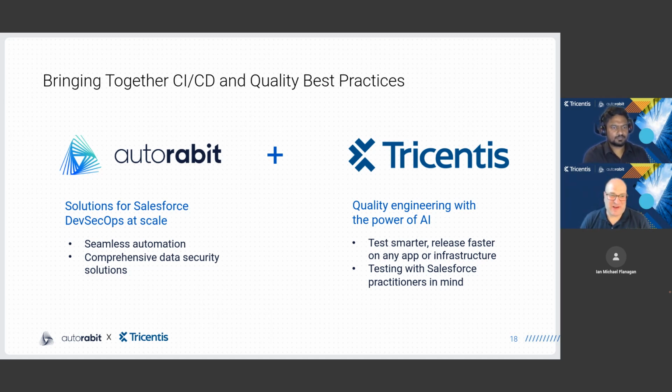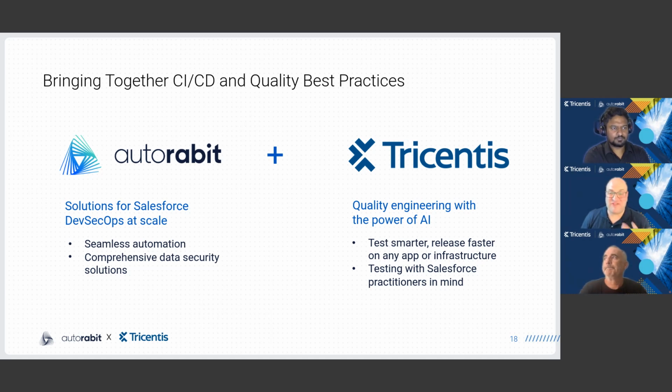AutoRABIT, as we've already talked about, has the solutions that provide Salesforce DevSecOps at scale. It has the seamless automation and the comprehensive data security solutions that Prasanth has talked about as well. And Tricentis really is here to provide the quality engineering, the testing solutions that use AI to make things faster and to accelerate your testing processes. You can test smarter.